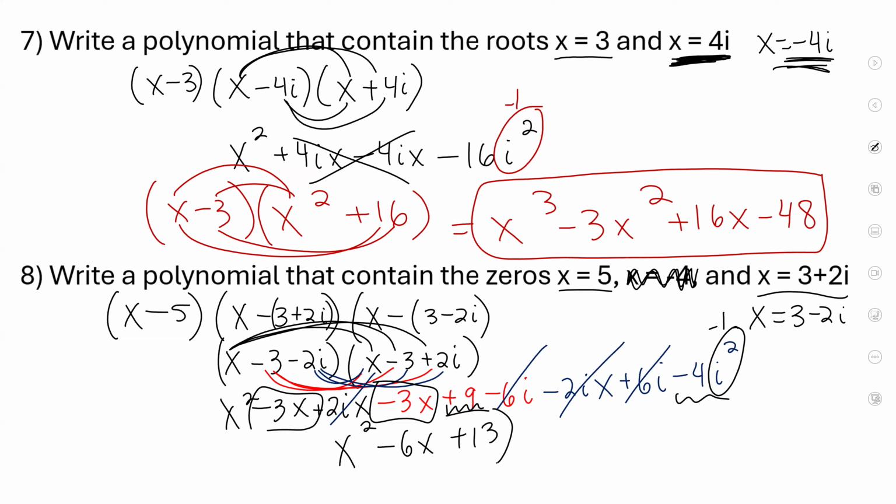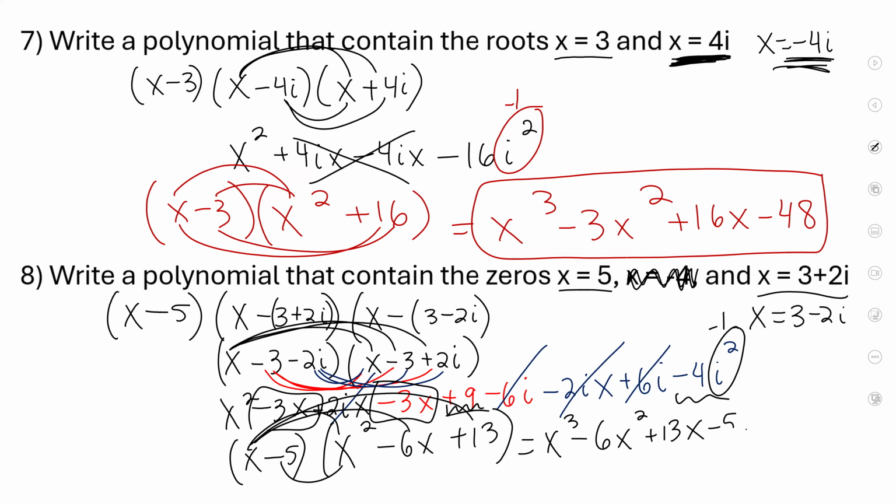So now we're going to multiply these with x minus 5. So this will become x cubed minus 6x squared plus 13x. This will be minus 5x squared plus 30x.